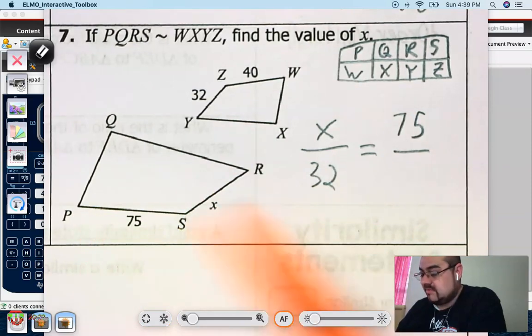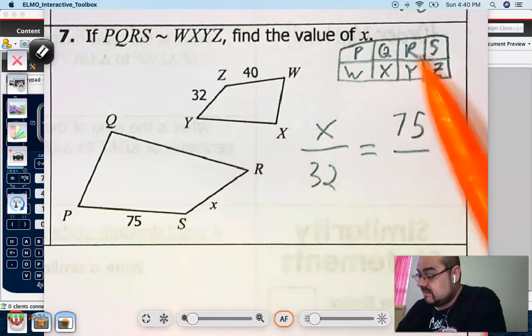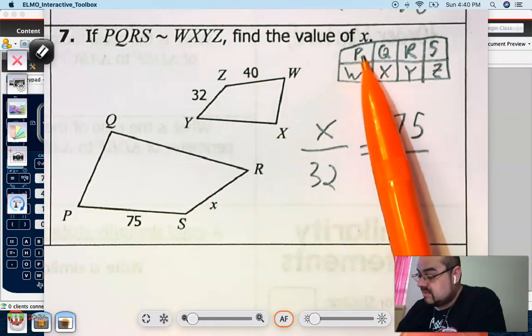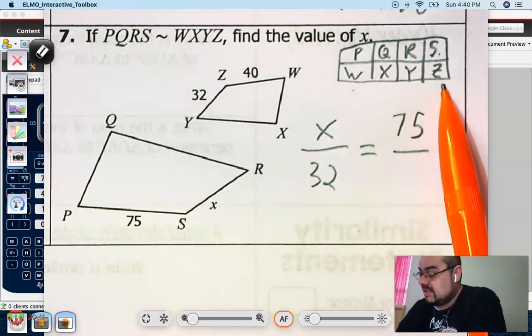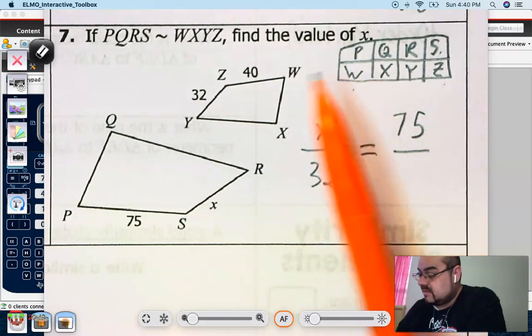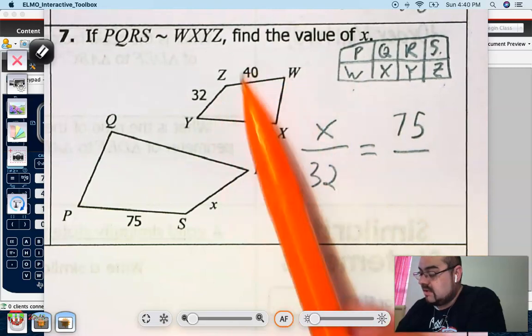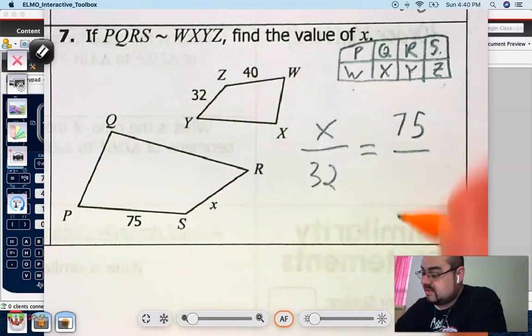So let's look for PS. PS is right here. And that's going to correspond to side WZ in the other polygon. So let me look for WZ, here's WZ, and there's the number I'm looking for to put into my proportion.